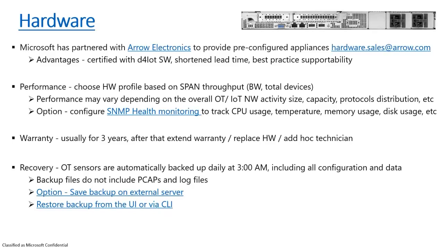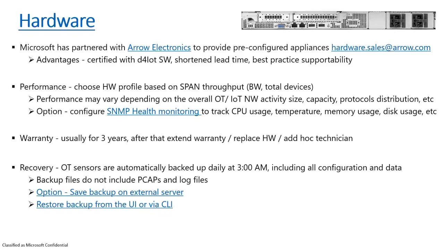From a hardware standpoint, again, I would repeat, it's recommended to work with Arrow because their hardware is certified with the Defender for IoT software, which will lead to more supportability and shortened lead time. Now, I know I've talked about choosing your hardware profile based on the span throughput of the site, which in other words is the bandwidth and the total number of devices.